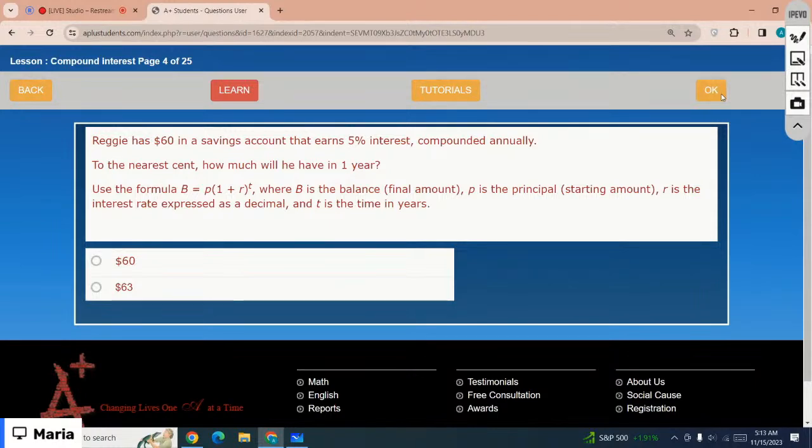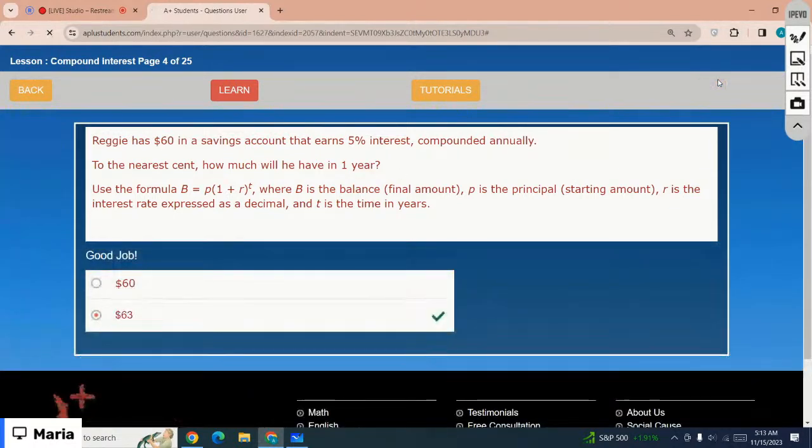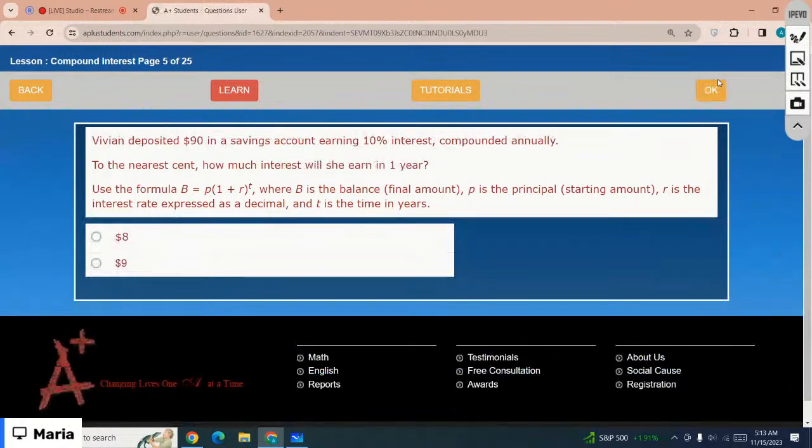So the correct option is $63, because that is the one we did in the tutorial. Okay, you can complete the lesson by yourself later today. Let's just move on to the next lesson.